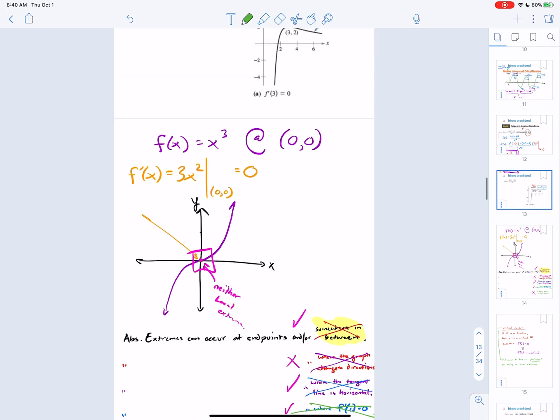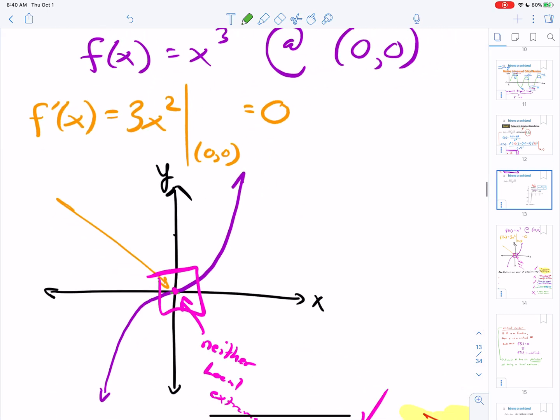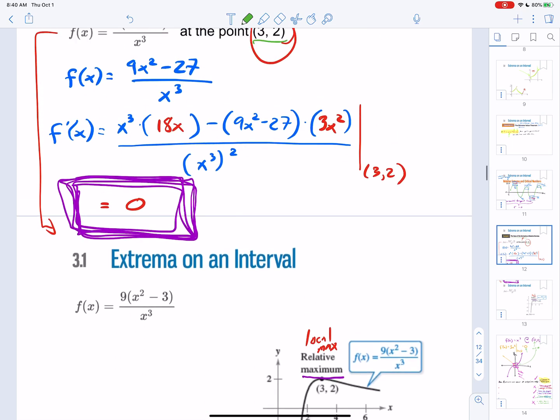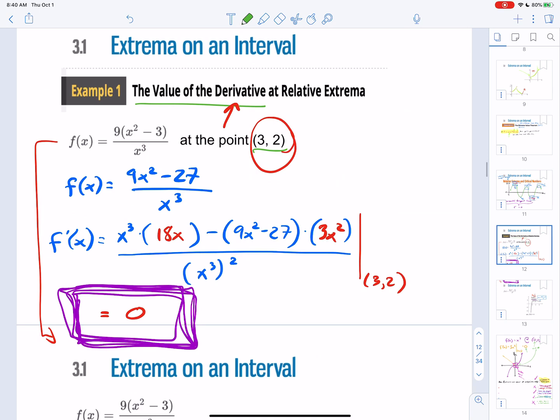Here's what I mean by that. For instance, in the example we just did, we found out that at 0, the derivative came out to 0. So that should be a critical number. But it didn't necessarily give us a local extrema. But here, when I took the derivative and plugged in the point, I got 0.